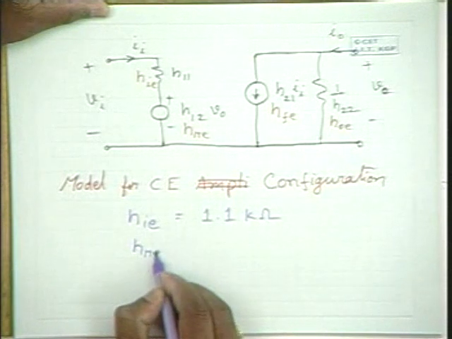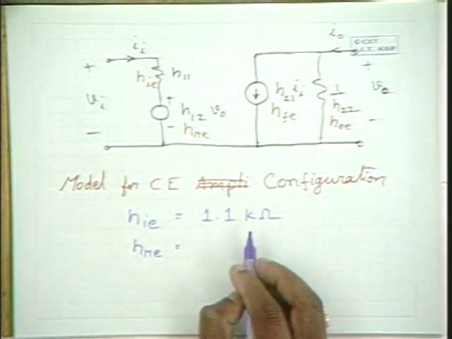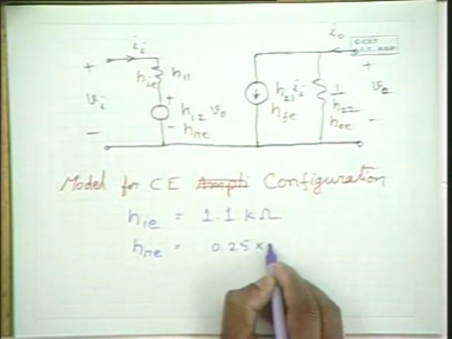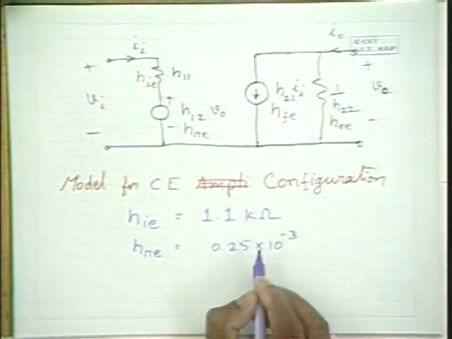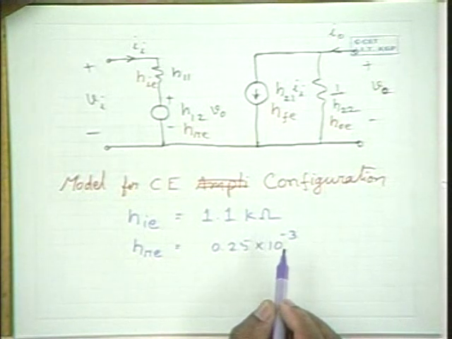HRE is very small. It is of the order of 0.25 into 10 to the power of minus 3. HRE is a voltage transfer ratio. It has no units.